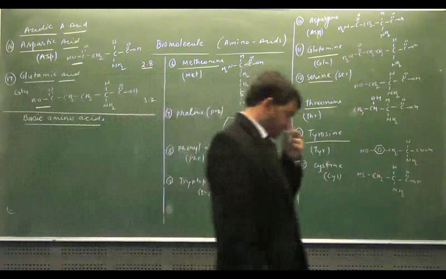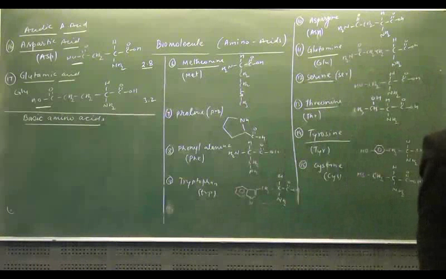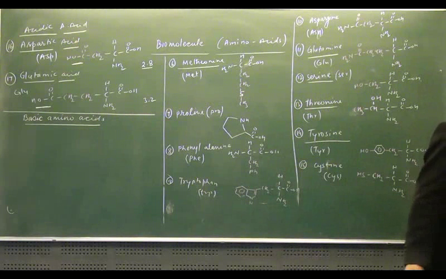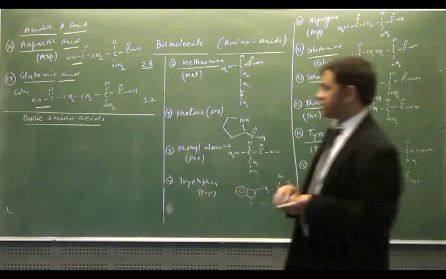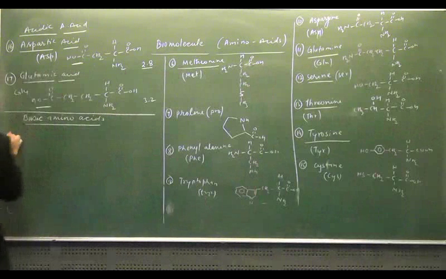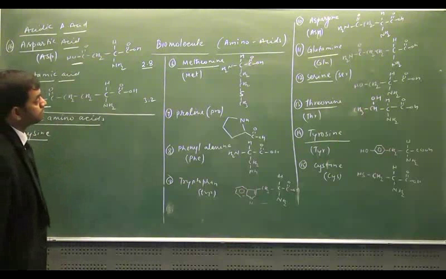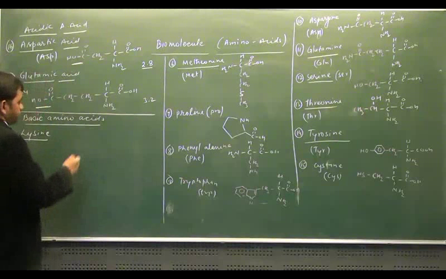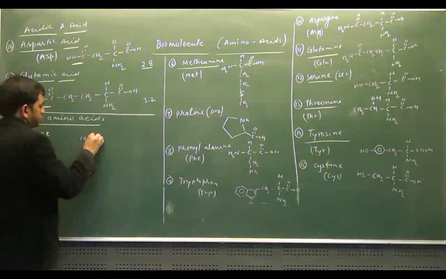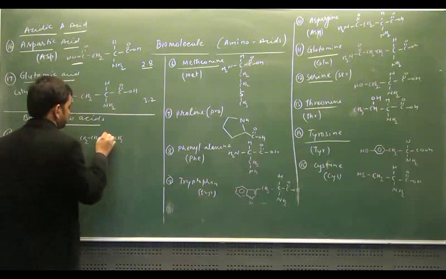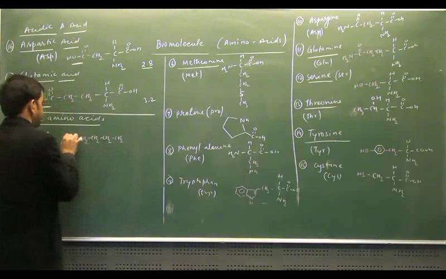If you see the basic amino acids, there are 3 basic amino acids. One is lysine, arginine and histidine. Lysine, CH2, CH2, CH2, CH2, NH2.